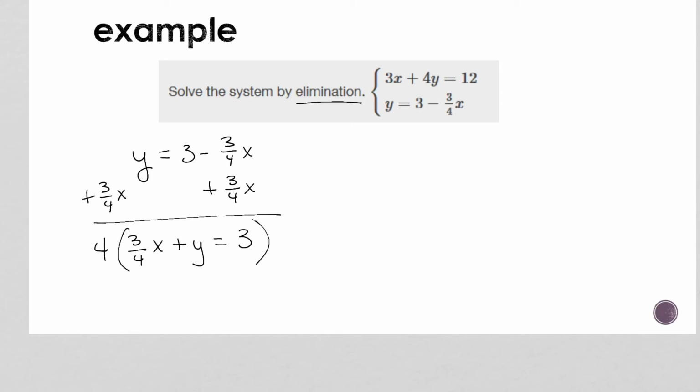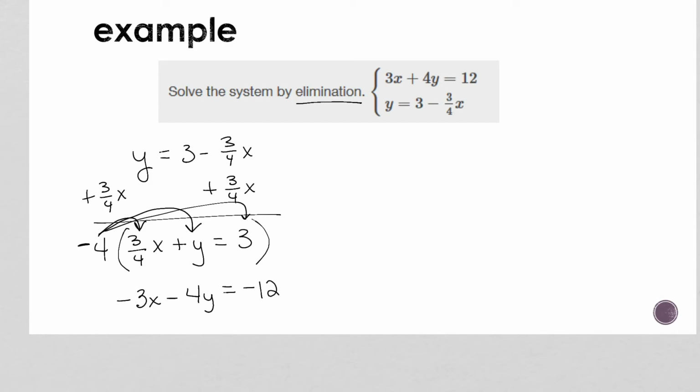But if I multiply by -4, I'll still have whole number coefficients, but then I'll have opposites. And that's what we want. We want either our x's or our y's to be opposites of each other, okay? So when I multiply -4 times this, the 4's cancel and I'm left with -3x. Then if I multiply negative 4 times y, I get negative 4y. And then if I multiply negative 4 times 3, I get negative 12.